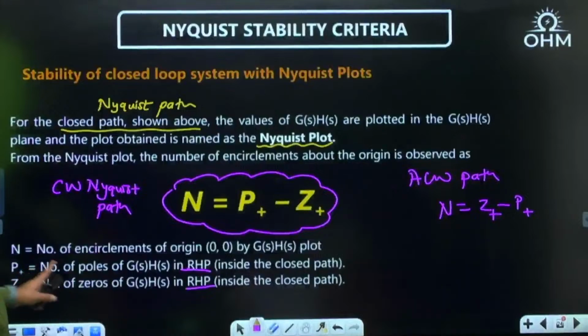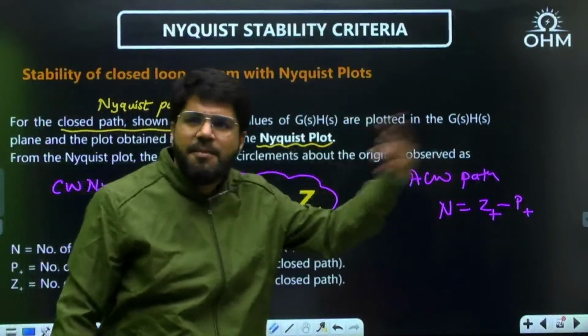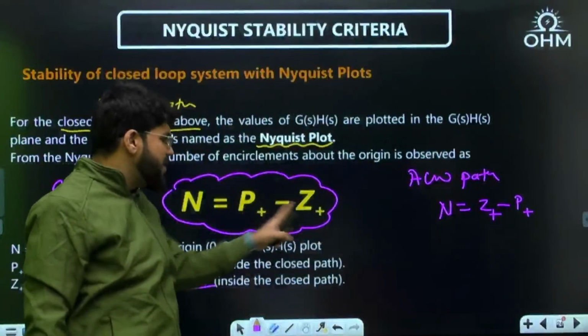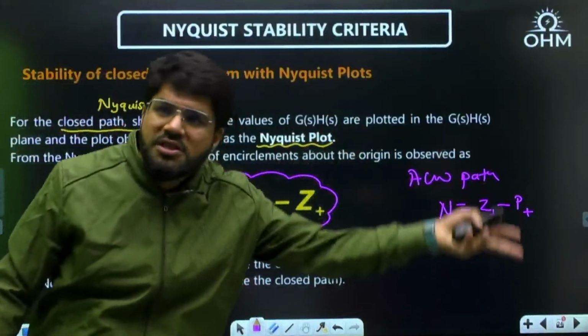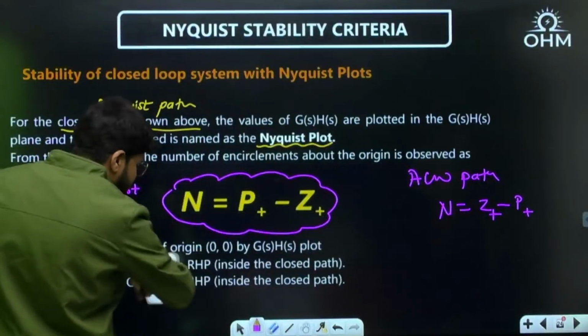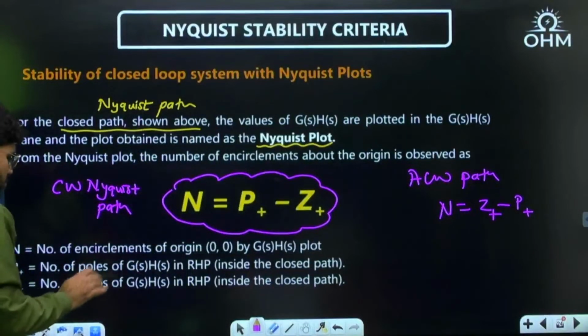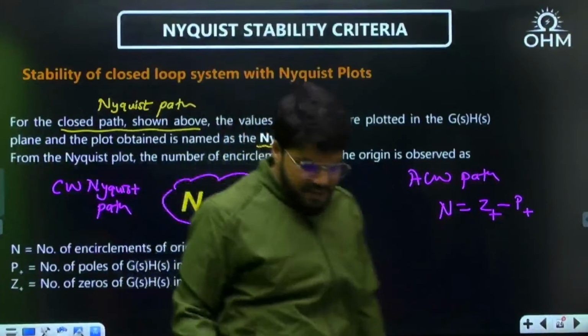So P plus is the number of poles in the RHP, Z plus is the number of zeros of G(s)H(s) in the RHP. RHP means right side area, positive area. To make you remember easily, I use P plus and Z plus, the poles and zeros in the positive side. I don't want total poles and zeros of G(s)H(s), only those in the RHP, and N is given by P plus minus Z plus.